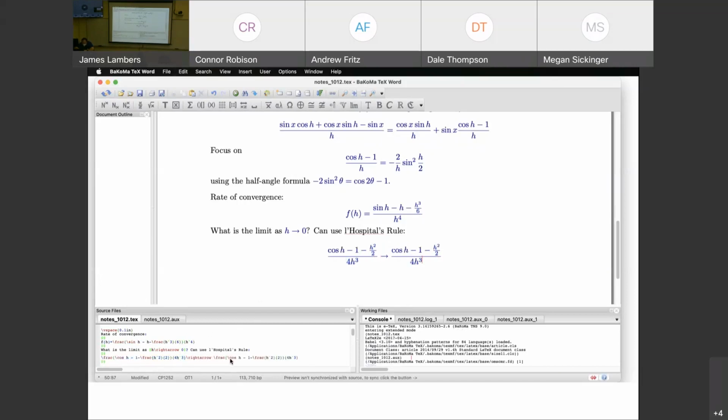Cosine becomes minus sine, the 1 goes away, h squared over 2 becomes minus h, all over 12h squared. And that is still 0 over 0.